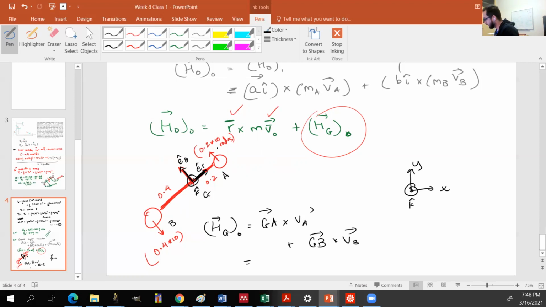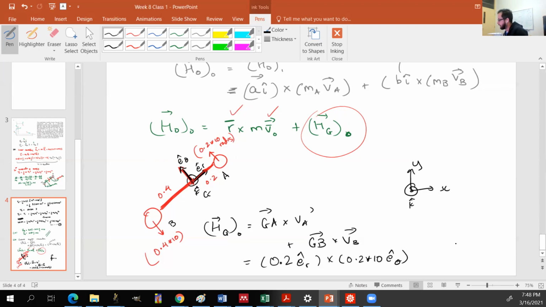And in this R and theta coordinate system, GA is just equal to 0.2 ER, plus VA prime, which is 0.2 times 10, in the E theta direction.